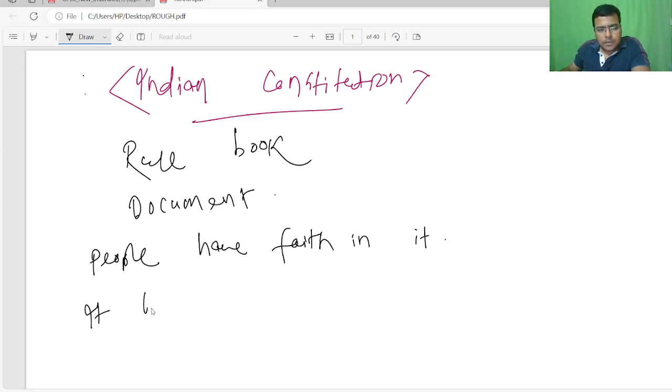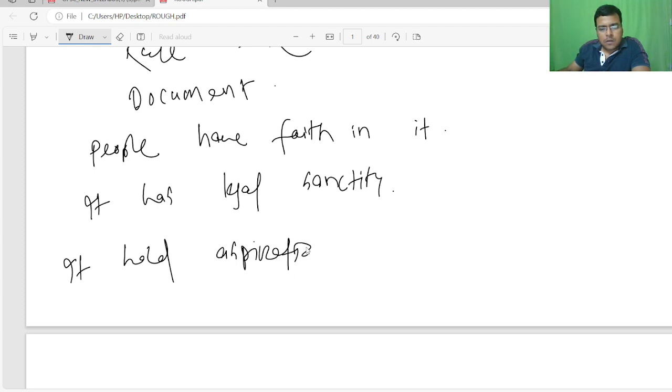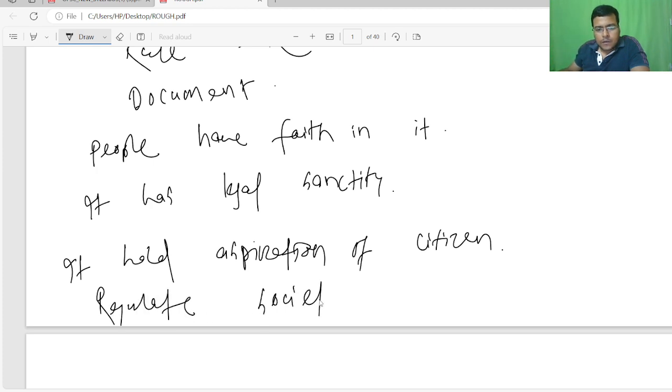It has legal sanctity. It holds the aspirations of citizens. The Constitution regulates society.